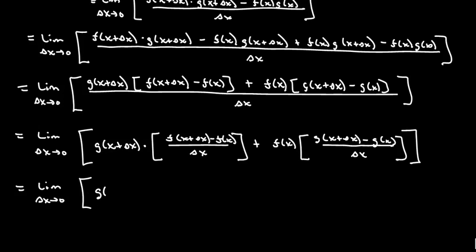And so this will be g of x plus delta x. I've also got products here, so I can write it like this.